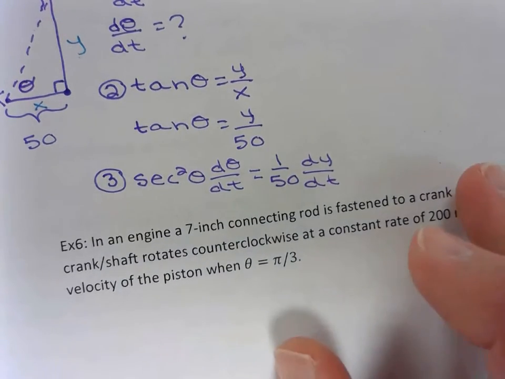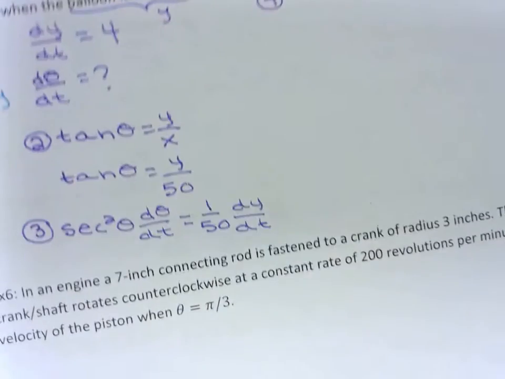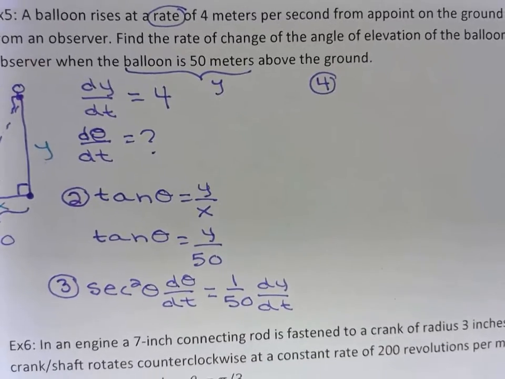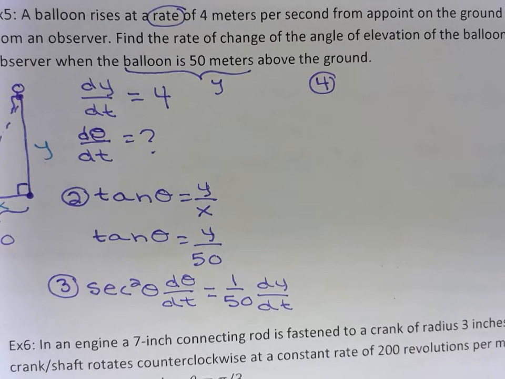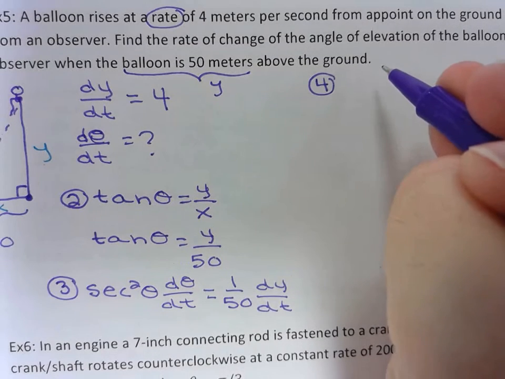Okay, step 4. Let's go ahead and now plug in everything else. I plugged in x first because it was a constant. So step 4 is to plug in. I want to know d theta over dt, so I should be able to plug in everything besides d theta over dt. So as I go through, I have, let's see.